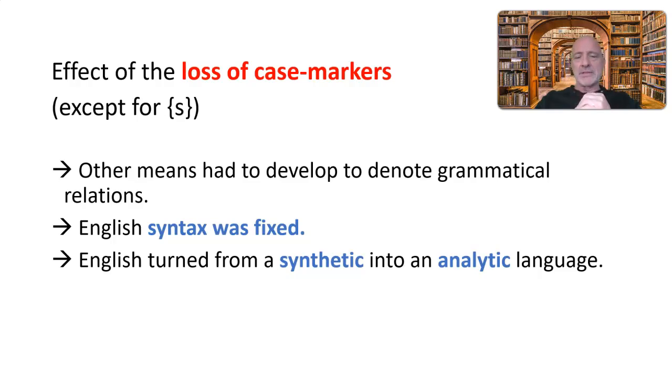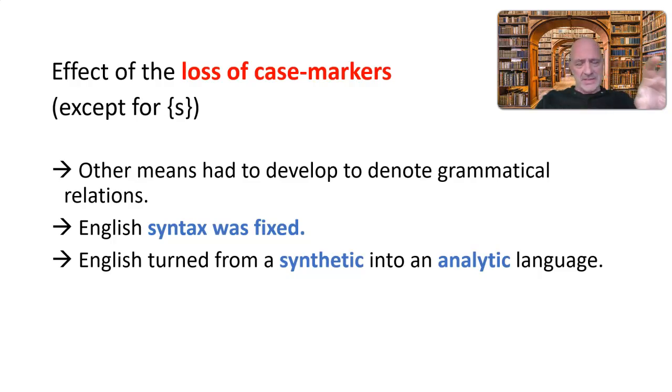And what happened is that the syntax was fixed, because the syntax in Old English was comparatively free, as it is in Latin, for example, and to some extent still in German. That was not the case anymore.